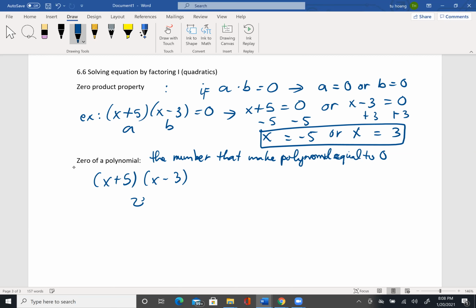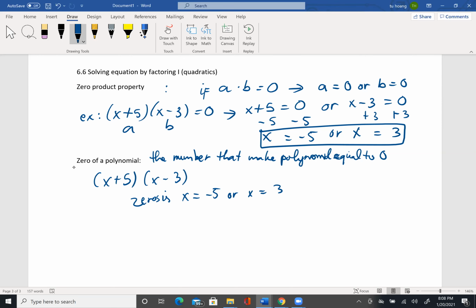Okay, the zero is x equal to -5 or x equals to 3. It's actually like the solution of this polynomial, right? No, I'm gonna say that it actually is the solution of the equation with this polynomial.